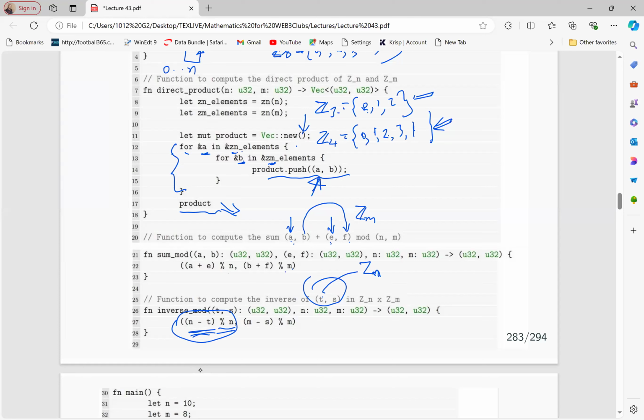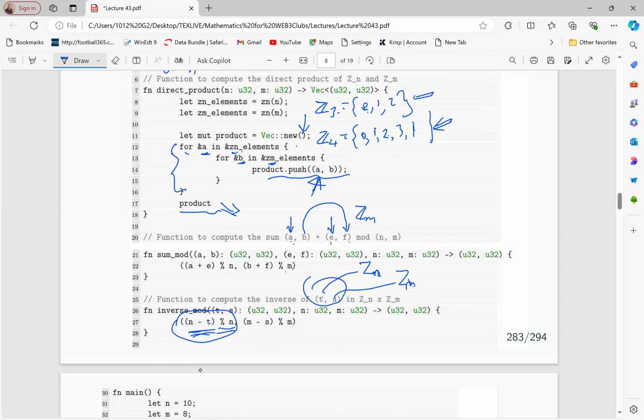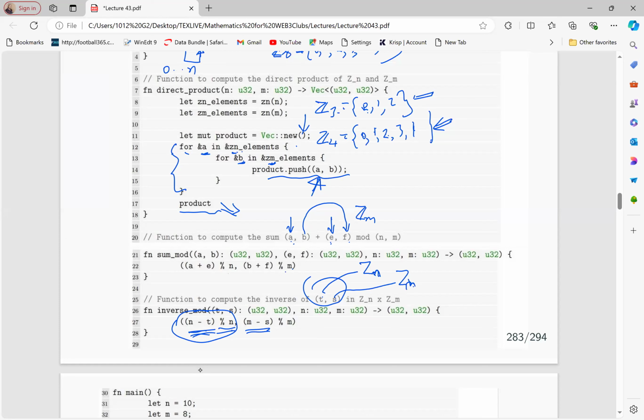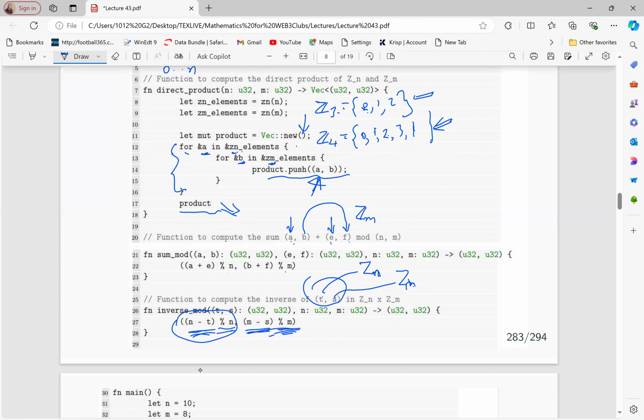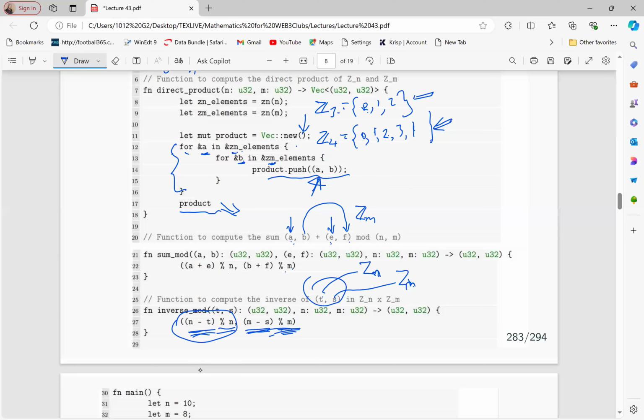And again, to get the inverse of S, it notes that S is coming from Zm, which is an additive group. So it subtracts S from M. And again, to ensure the answer is positive, it divides by M and writes the remainder.